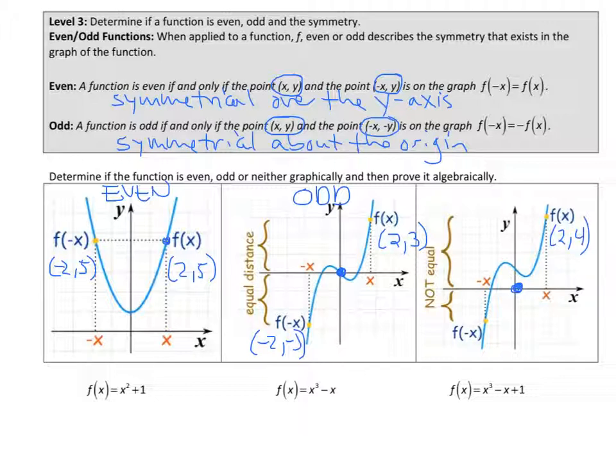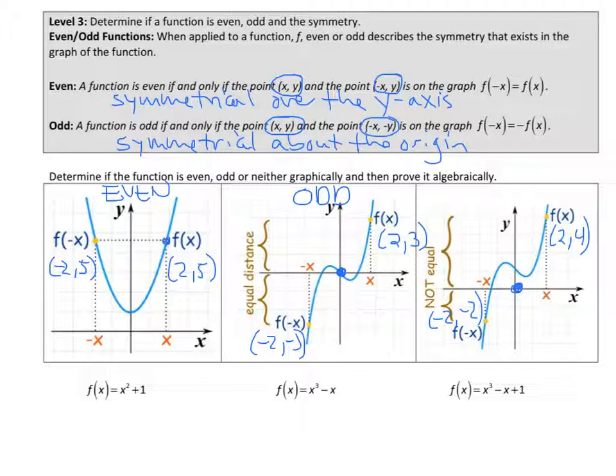Well, the corresponding point, negative 2, negative 4, is not on the graph. So that's not an odd function. So some functions are even, some are odd, and many are neither.